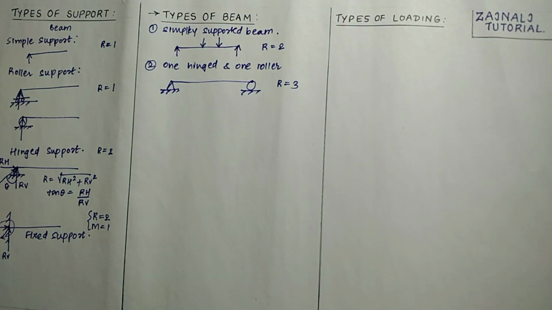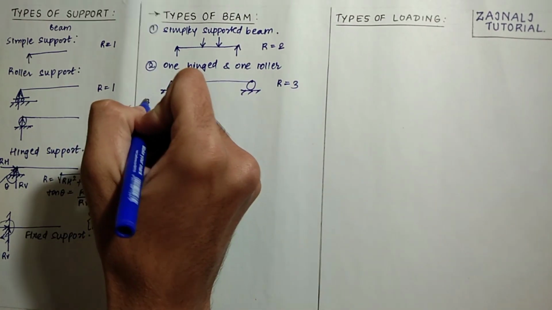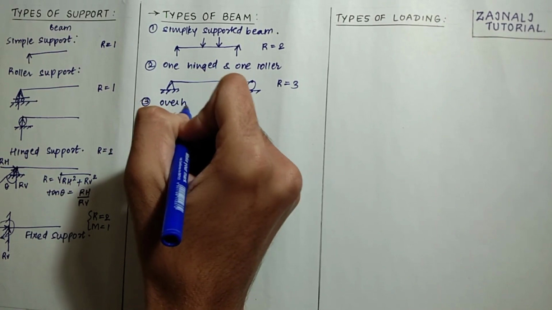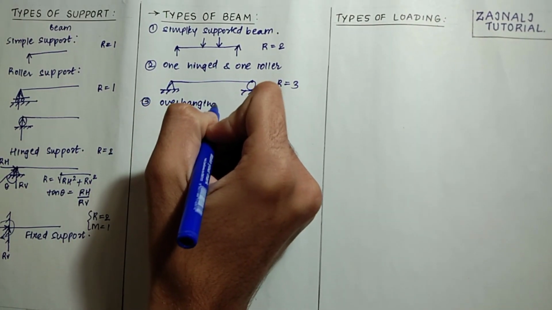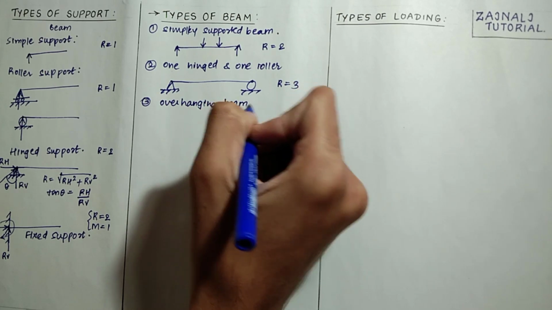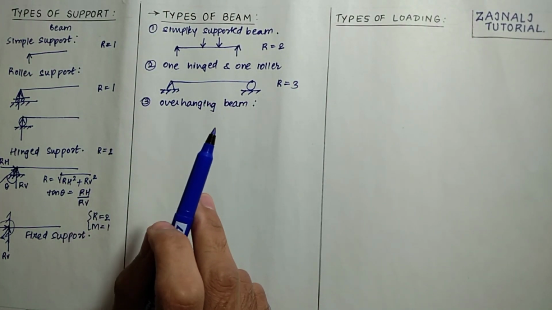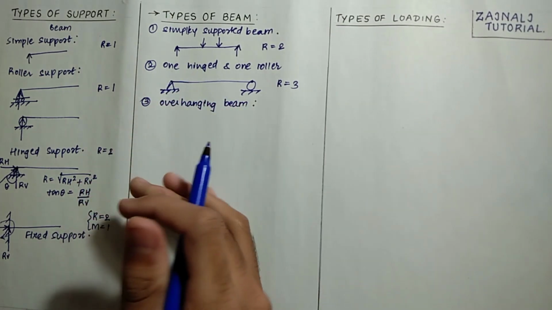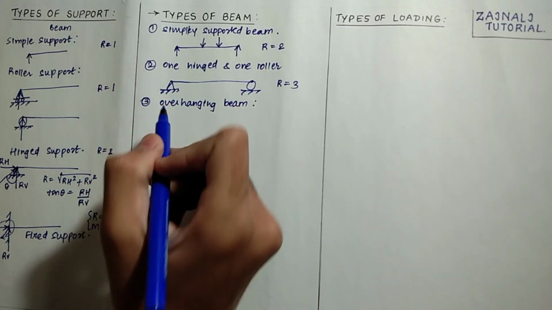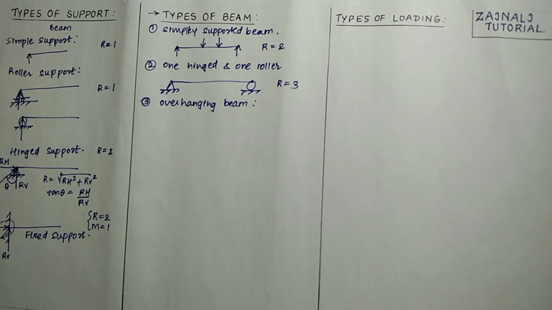Now the next type of beam is the overhanging beam. What is referred to as an overhanging beam? First let us draw the supports.